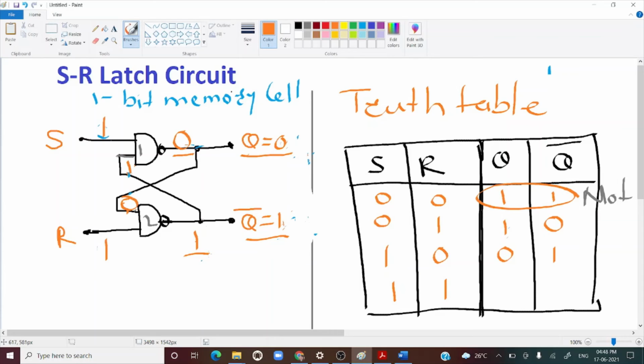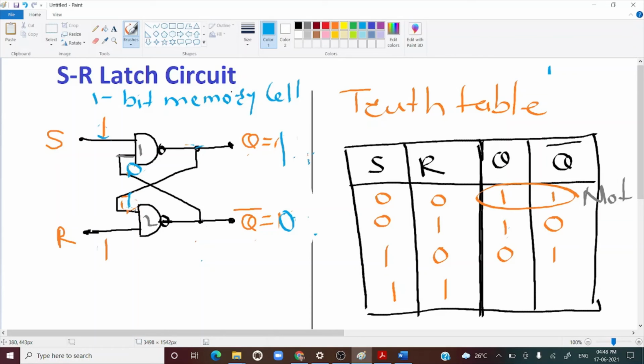Now if you assume that the previous output q was 1 and q bar is 0, then what will happen to the SR latch. This 0 goes here, ये 0 यहाँ पर चला जाएगा, this 1 goes here.